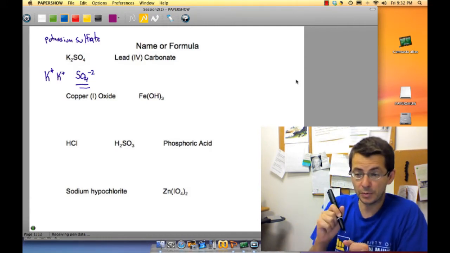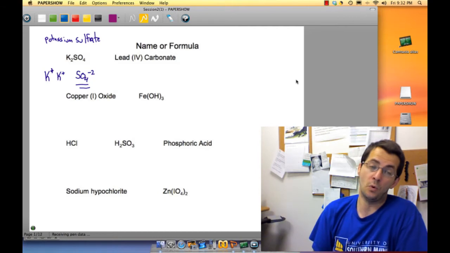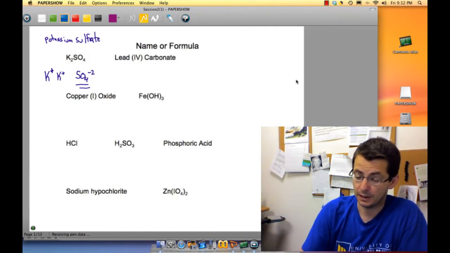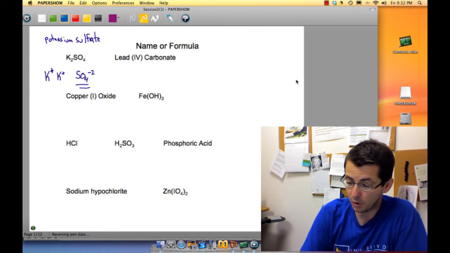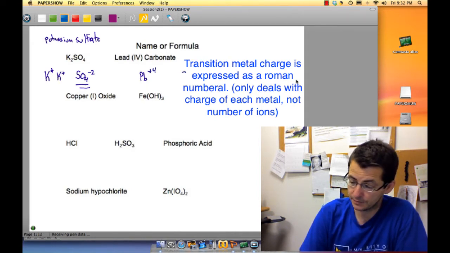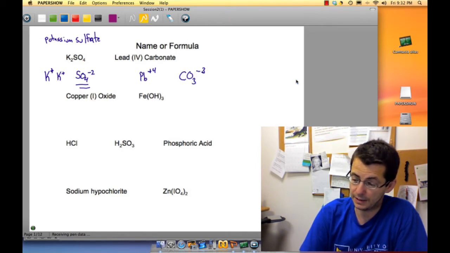So be able to go from the formula to the name, or in this case from the name to the formula. Lead 4, that 4 represents the charge on the lead, Pb plus 4. And carbonate, you should know, is a negative CO3 minus 2 anion.